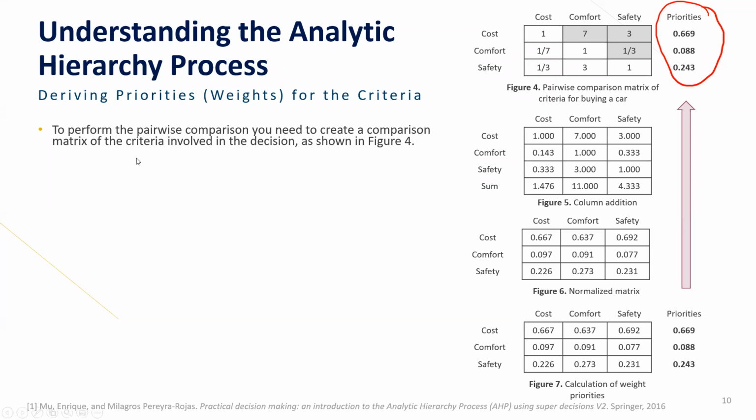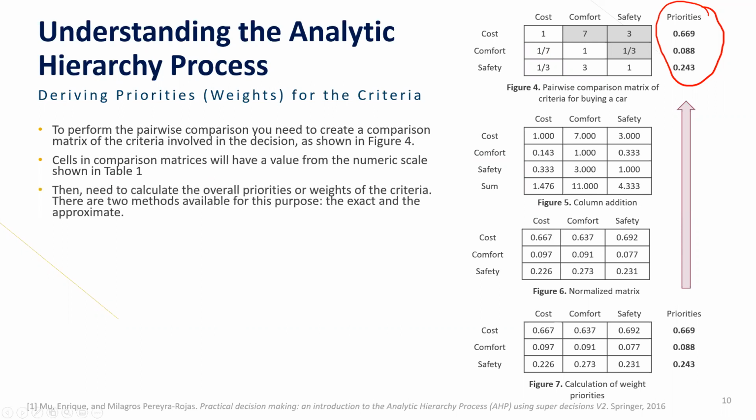First, after we give the scores for the pairwise comparison matrix in figure 4 here, we already finished the scores. We need to calculate the overall sum of the column.